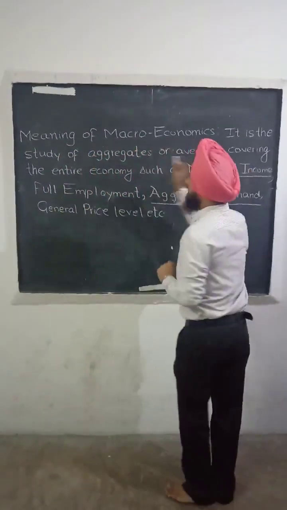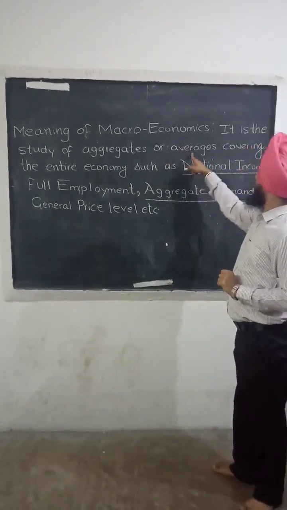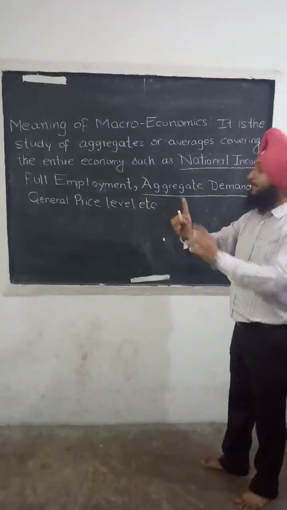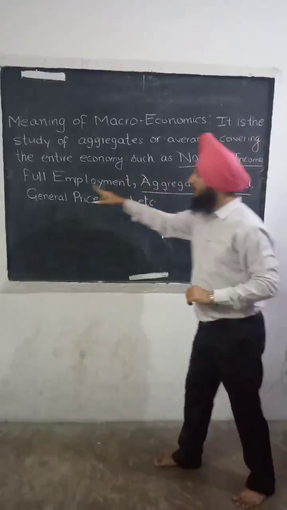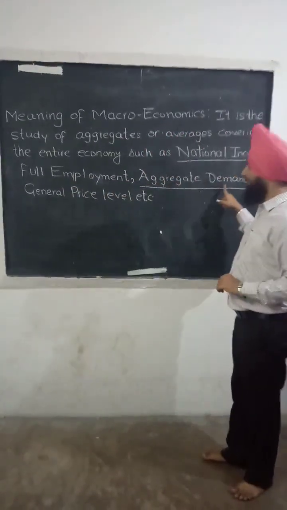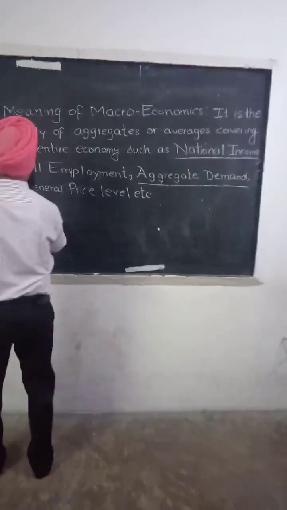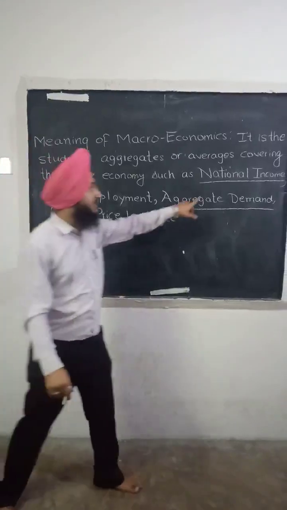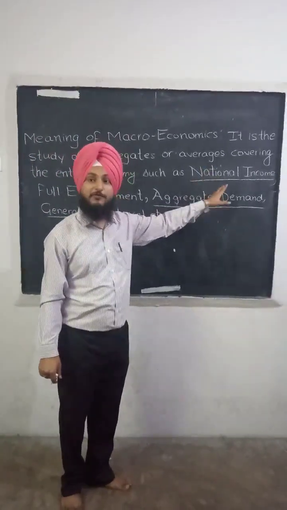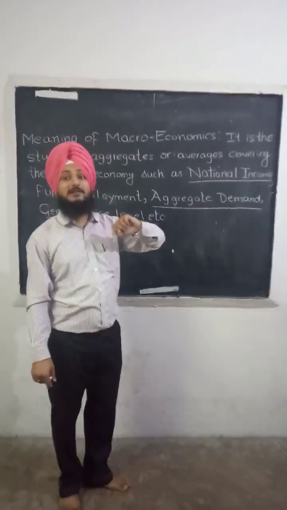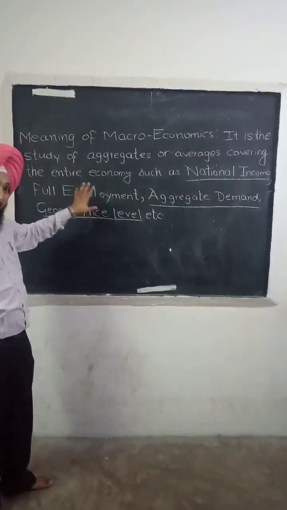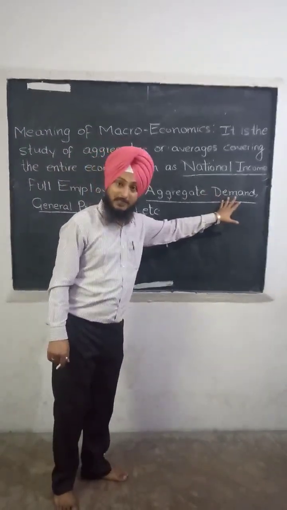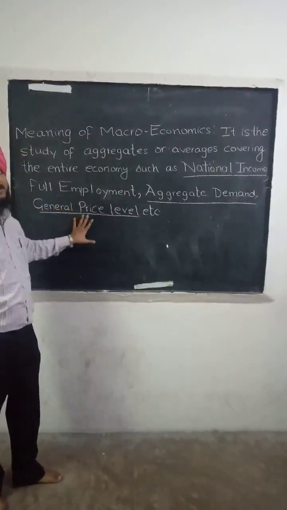It is the study of aggregates or averages covering the entire economy, such as national income, full employment, aggregate demand, general price level, etc. These are all topics we will discuss in our coming chapters: the meaning of national income and the methods to calculate it, then full employment, then aggregate demand and the general price level.